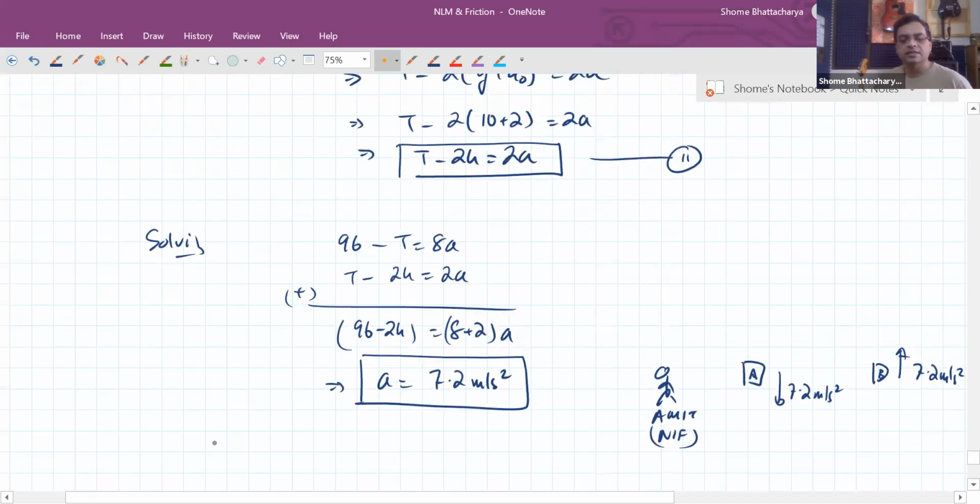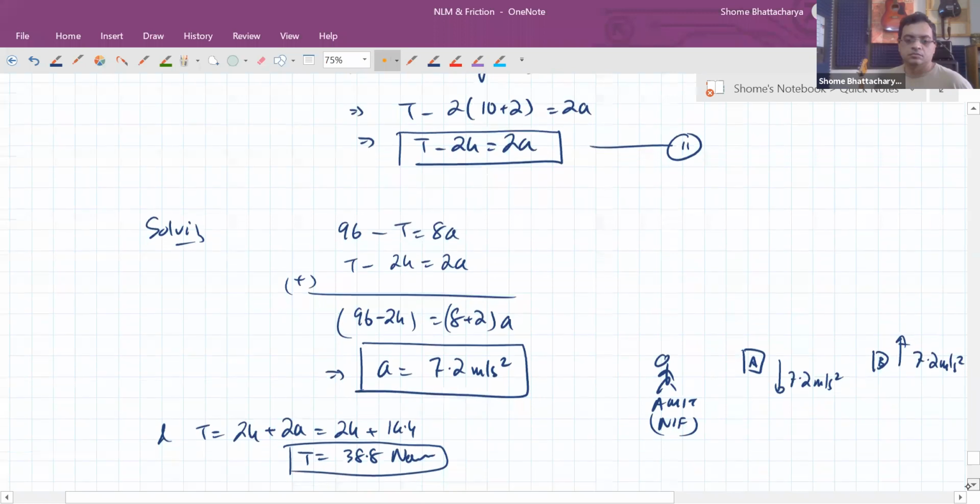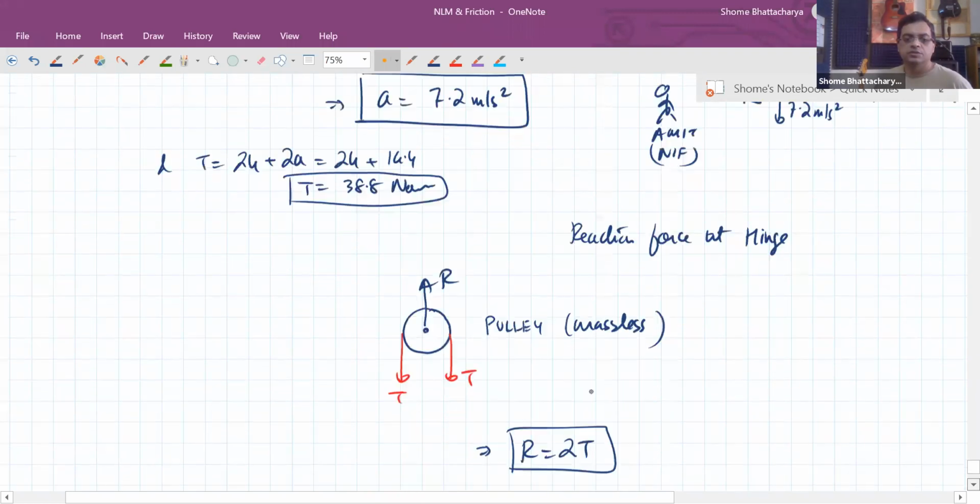Once you got this acceleration, we can see that this is the tension. Okay. So we substitute that here.